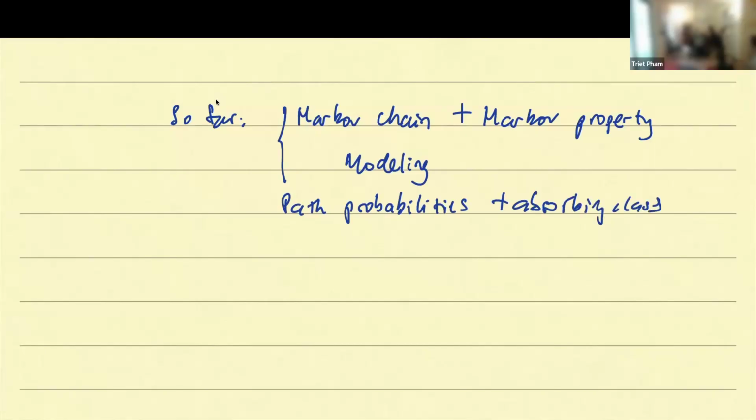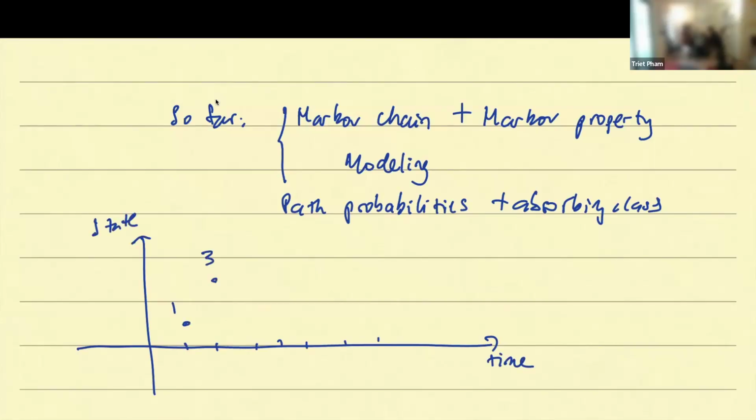But if you take a step back and remember the picture I drew when we first started talking about Markov chains, with time on one axis and state on the other, we say state 1, state 3, state 2, 1, 3, etc. There is a dependent structure here, but that's a typical path.